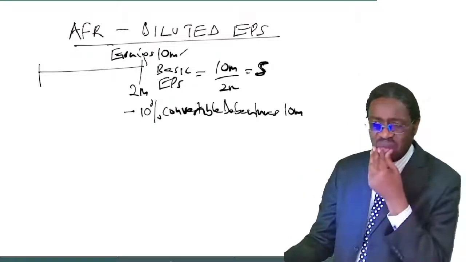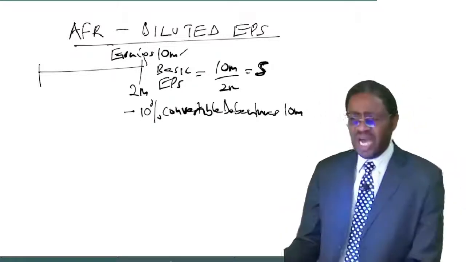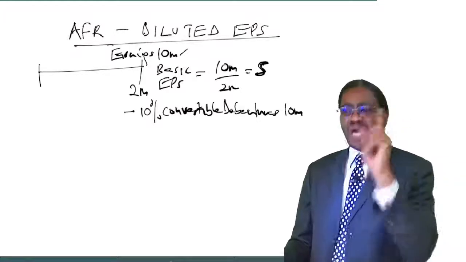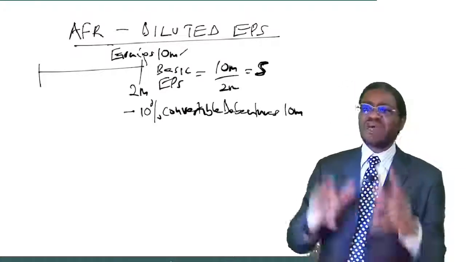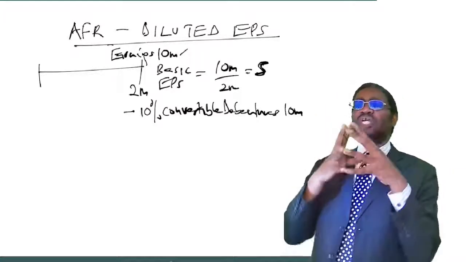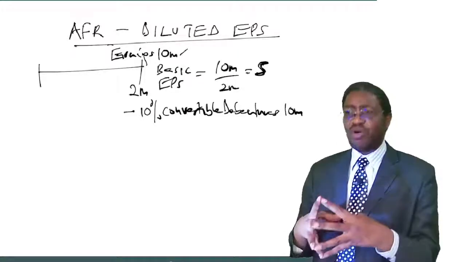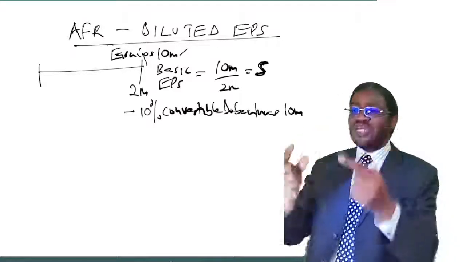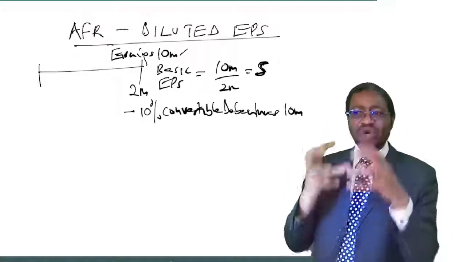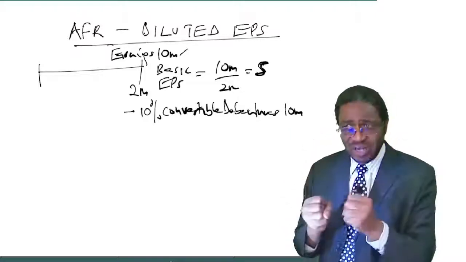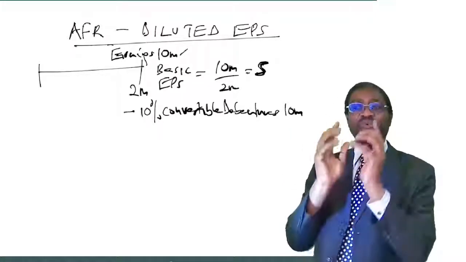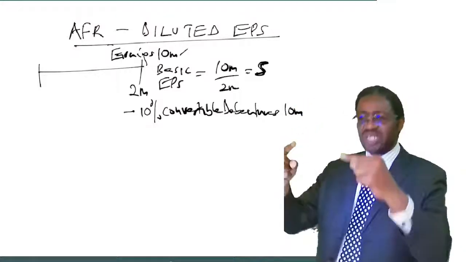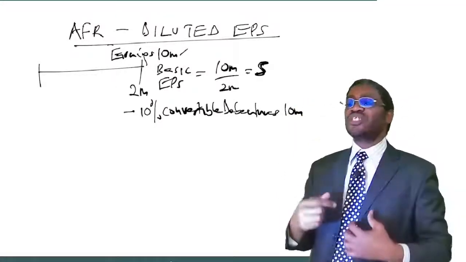Now listen. It may happen that by the end of the year, your company could have some financial instruments which are likely to give the holders of such instruments the opportunity to own ordinary shares in the future.